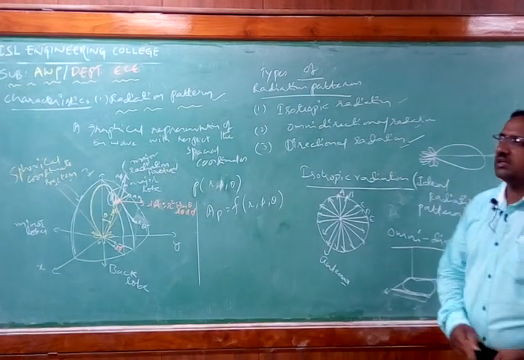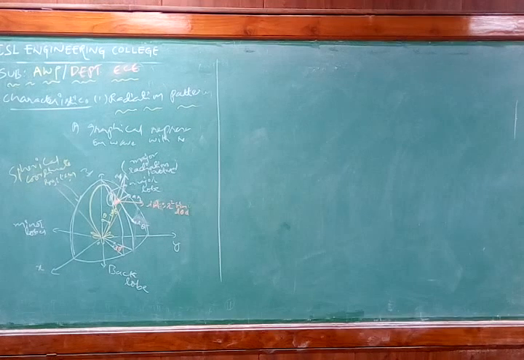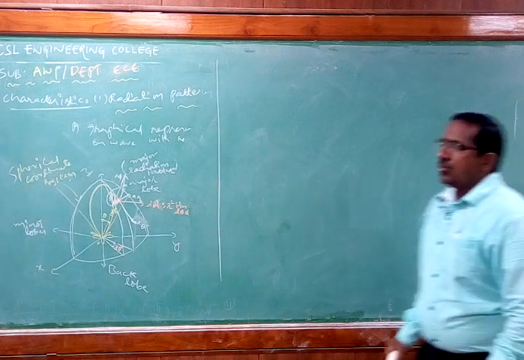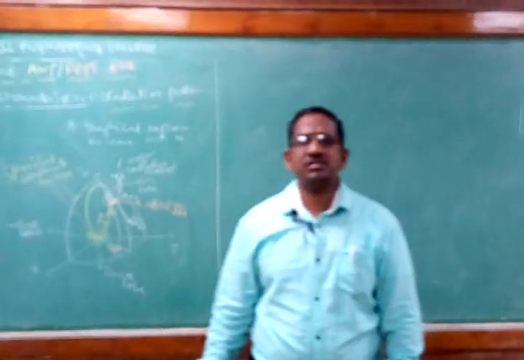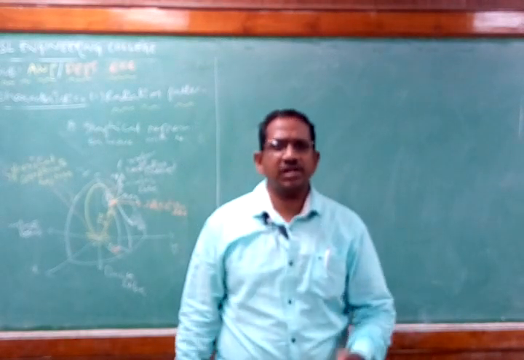What are the regions we can have now? What are the various regions of operation, or the various regions of radiation, of a transmitting antenna?